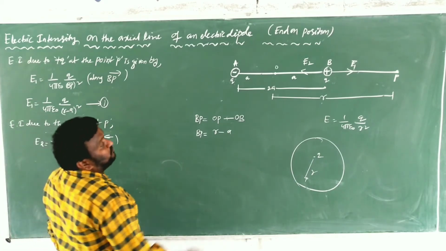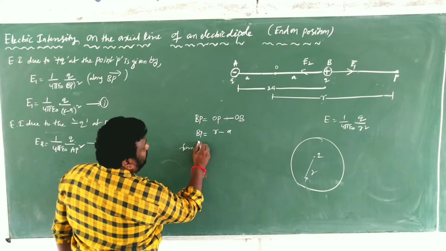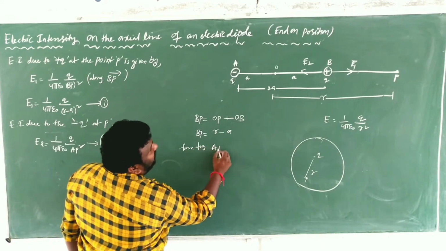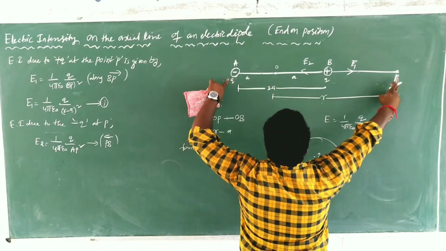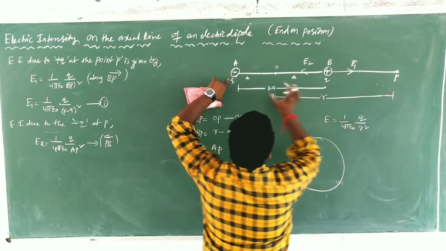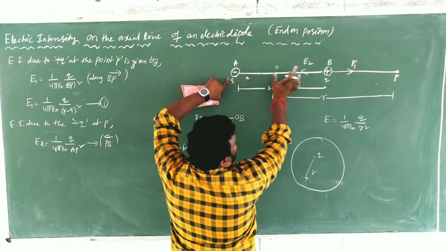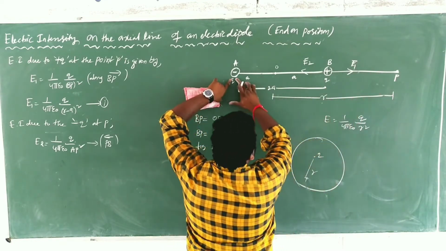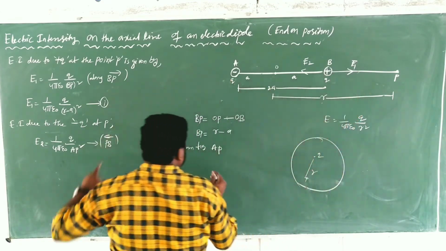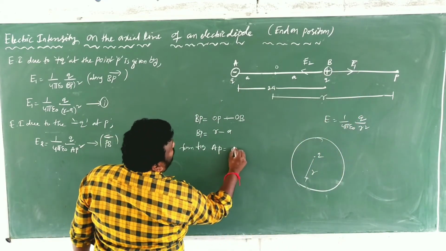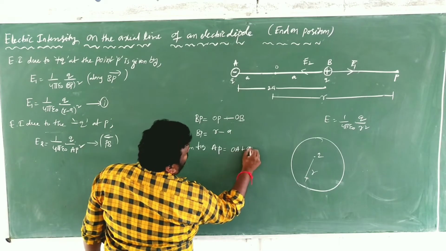So children, from figure, AP means what, you are right? AP is nothing but here what to write? OA plus OP. AP can be written from the figure as AO plus OP. Yes. Therefore AP is equals to OA plus OP.